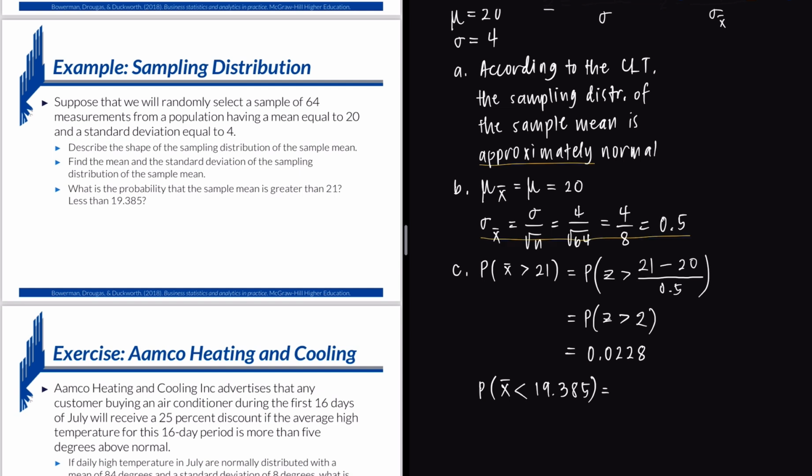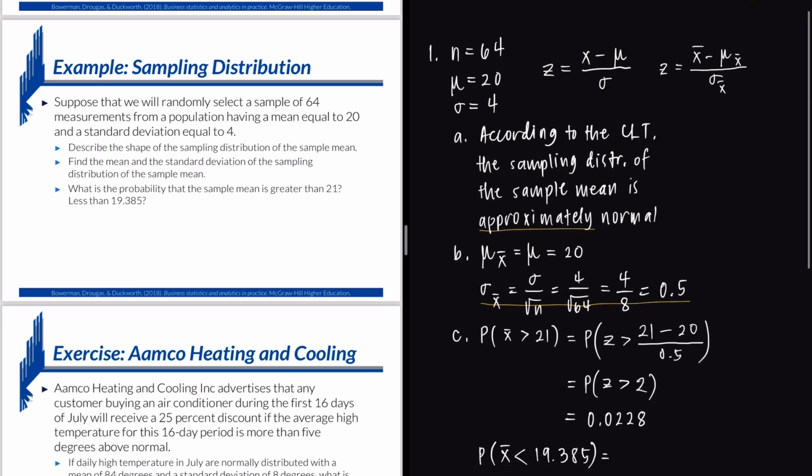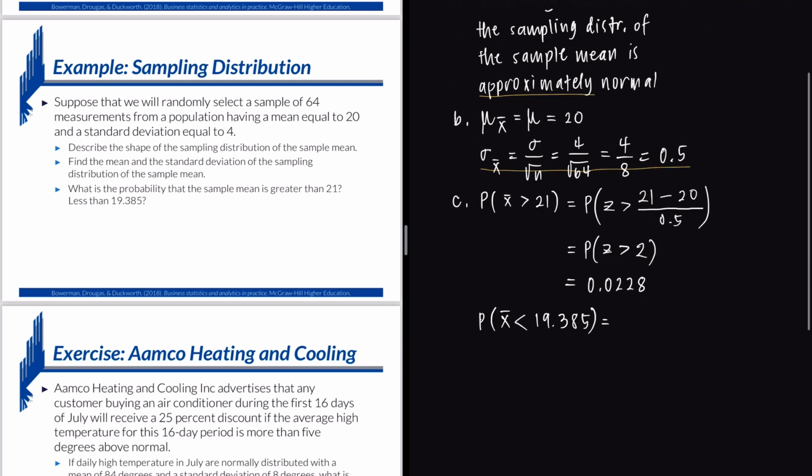If the sampling distribution is not normal, then we cannot convert x bar to z. So this formula that we have derived earlier only applies to sample means that are normally distributed according to the central limit theorem.